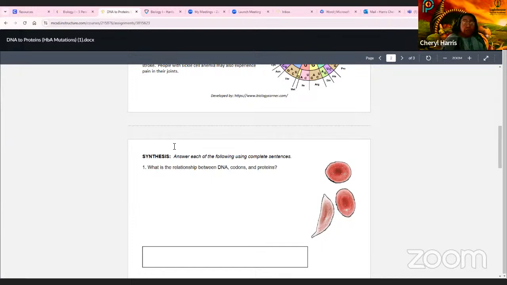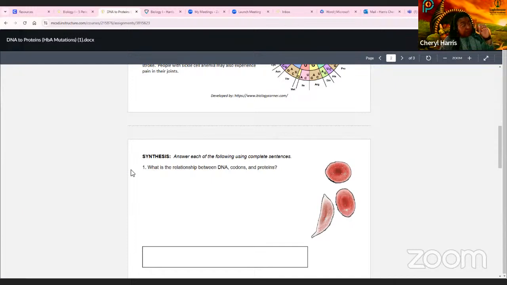Okay. And I think yesterday I told you when you answer this question, what is the relationship? You need to explain how the DNA makes a codon. So it transcribes first to the RNA, and then the RNA is read in sets of 3, and that's the codon. So the codon starts in the RNA, not the DNA.